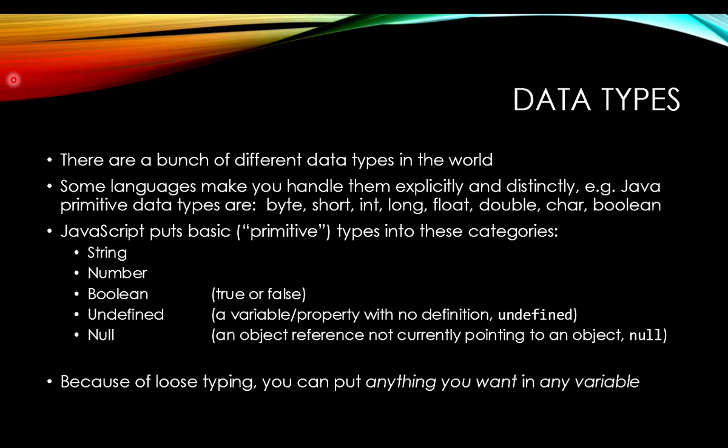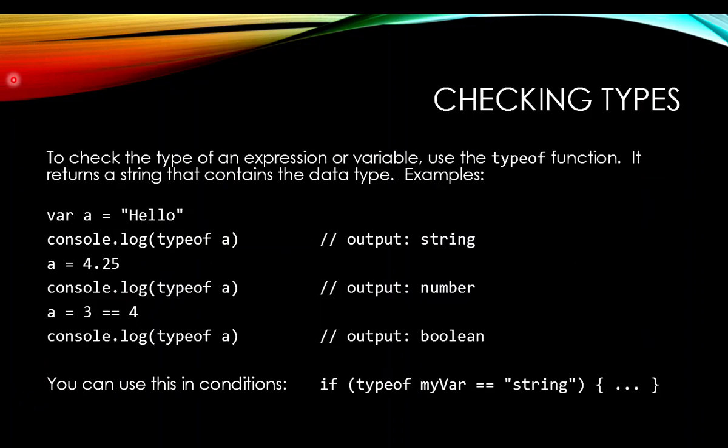Now let's look at how you can check the data type. If you want to find out what JavaScript data type is associated with a particular variable, you can ask by using this special keyword typeof. When you see typeof, and then you put a variable after it, or any expression after it, then JavaScript is being asked to tell you how it is storing that thing.